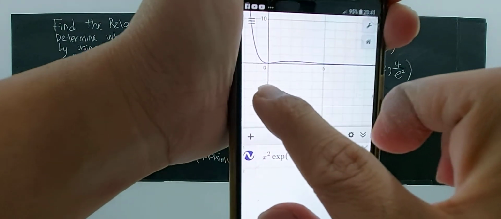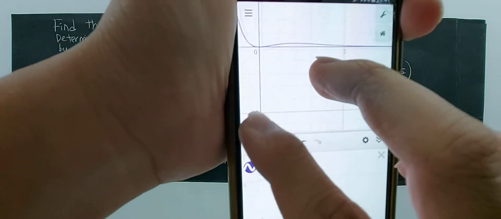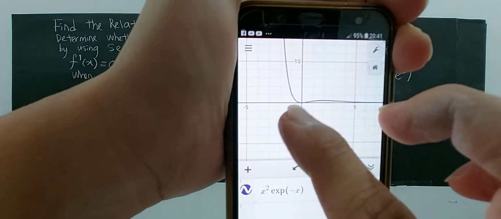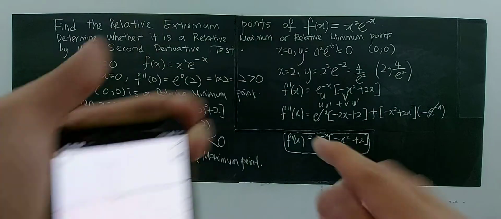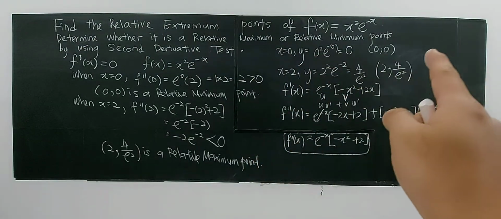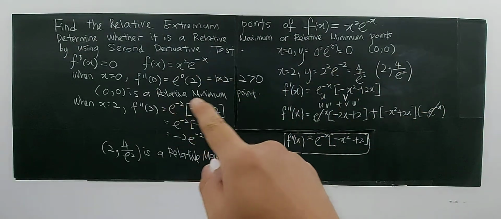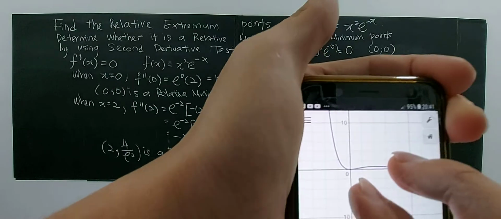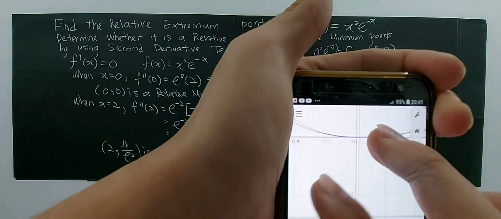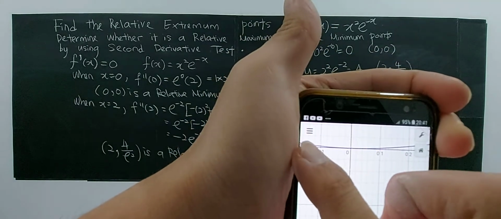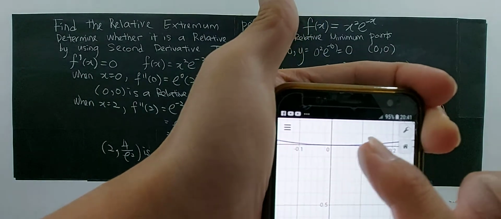If you zoom carefully around the origin, can you see there is a relative minimum point here? As you see, (0, 0) is a relative minimum point. The graph goes down, is stationary, and goes up again.